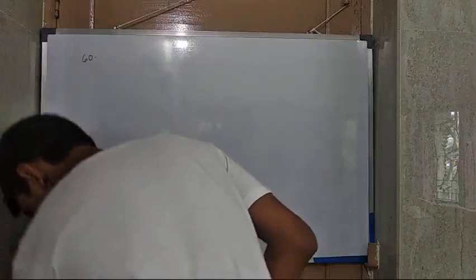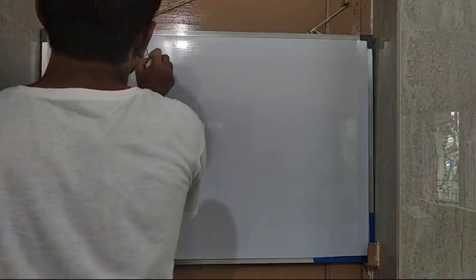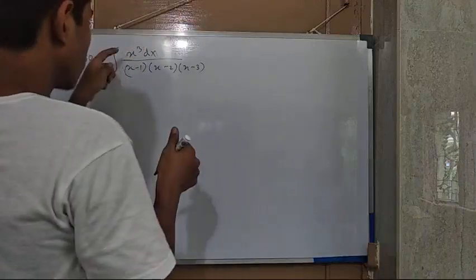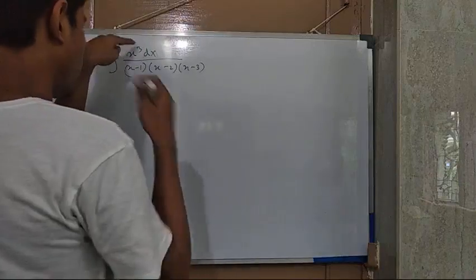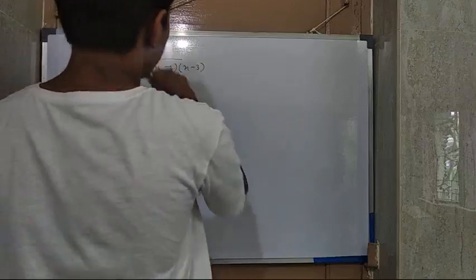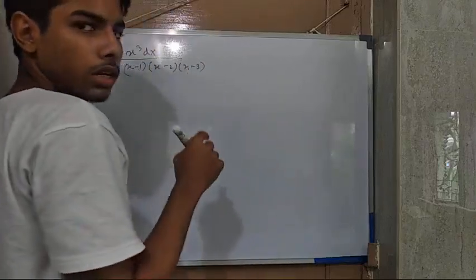Let's proceed to the 60th integration, which is the integral of x cube dx divided by (x minus 1)(x minus 2)(x minus 3). As the highest power in the numerator is equal to the highest power in the denominator, when we do the partial fractions we must take a 1.